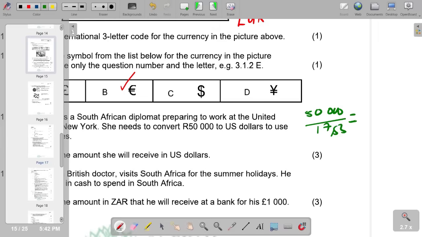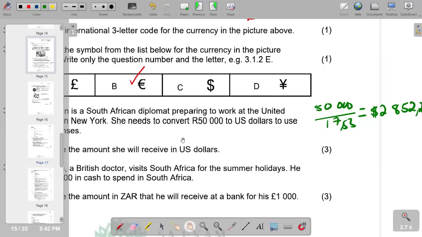Remember, it's to 2 decimal places. You get 2,852.25 US dollars. So this is what we have for this part.